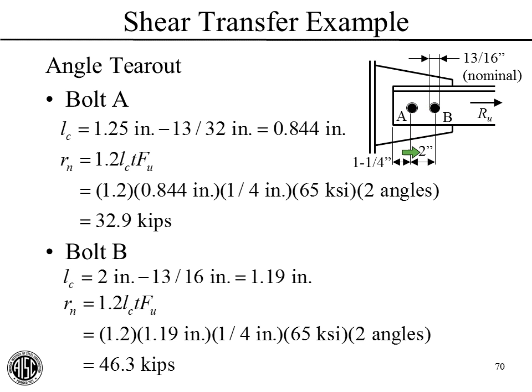So we have 2 inches minus half of a hole diameter there and half over here, so it's minus 13/16 total. And notice again, we're using the nominal there. All right, well, let's go on to the next polling question.